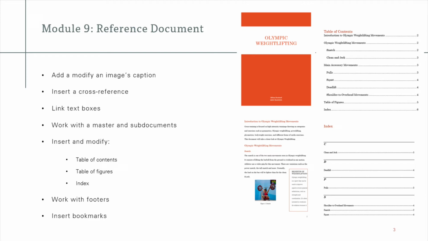Furthermore, there were other things that I didn't see before, such as creating an index, putting captions under my pictures, and linking text boxes. But still, I'm very happy that I did this module because I have a lot more knowledge of Word than I did before.